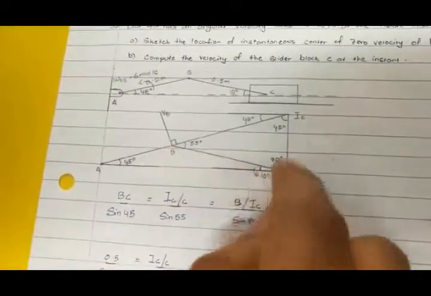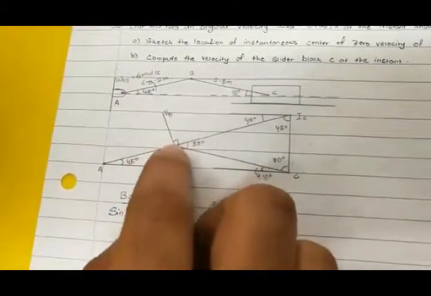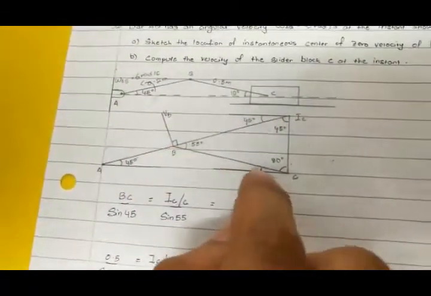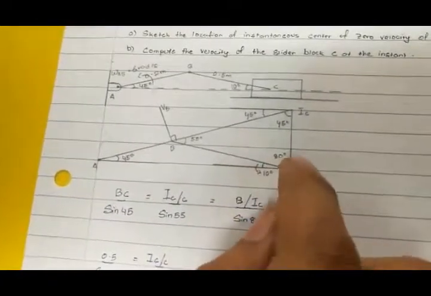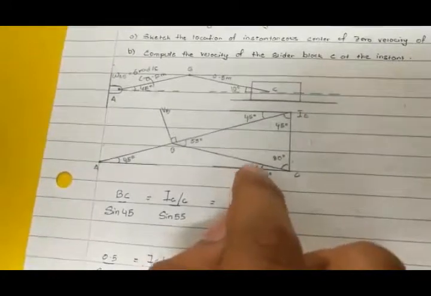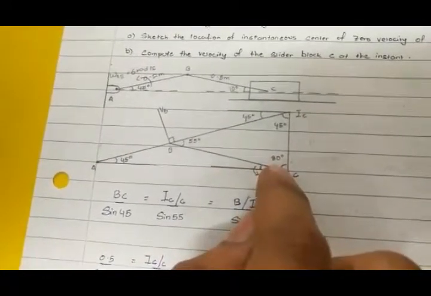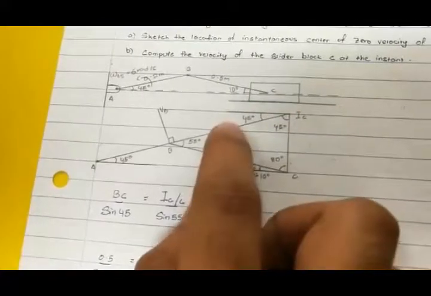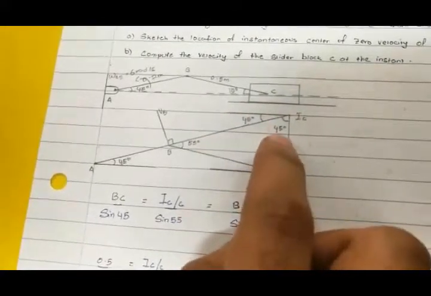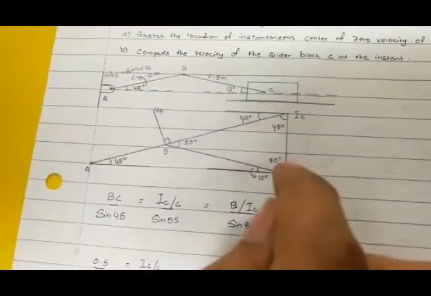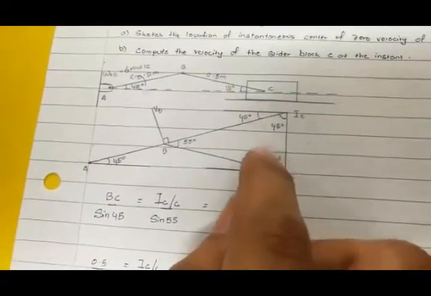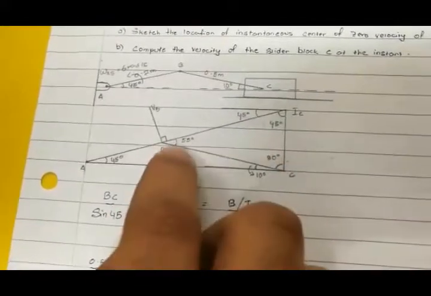As we draw a triangle here, this is a perpendicular. So 90 minus 10 degree, we get 80 degree here. From here it's a perpendicular too, and then we divide by 2 to get 45. So as we add 45 degree and 80 degree and subtract from 180 degree, we get 55 degree here.